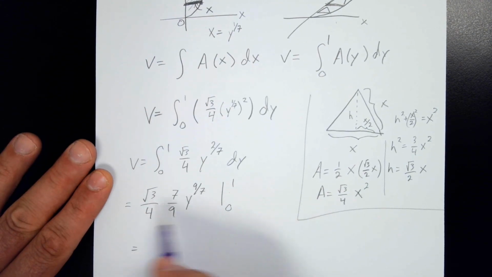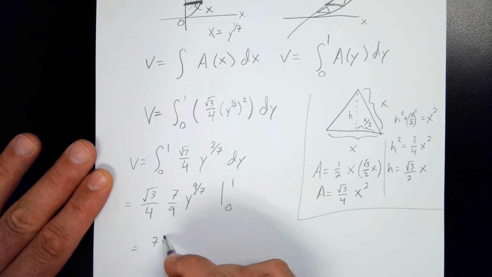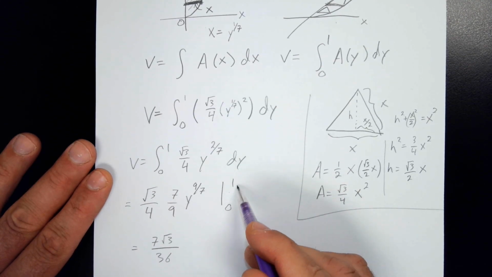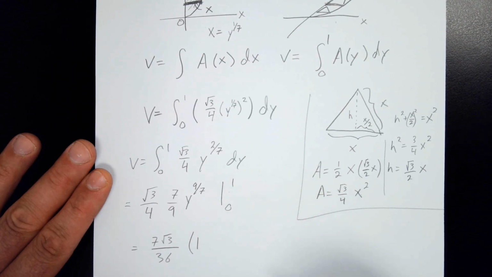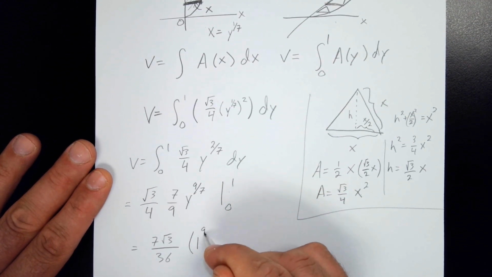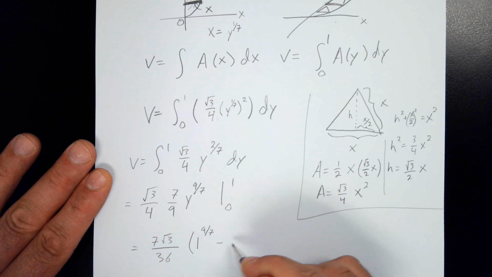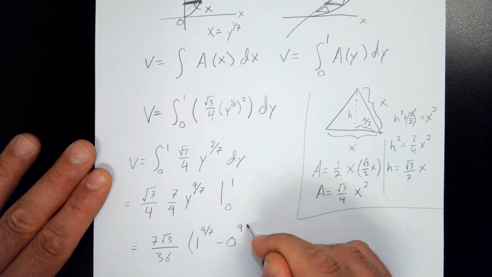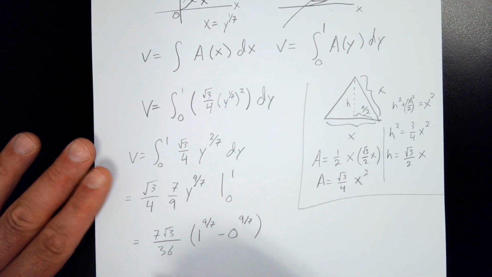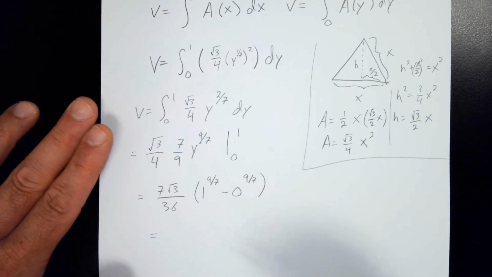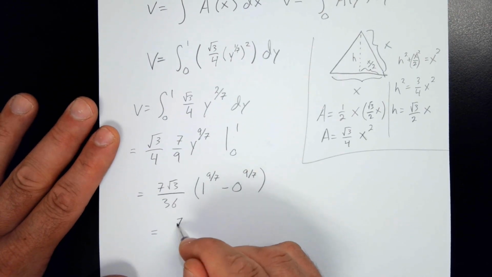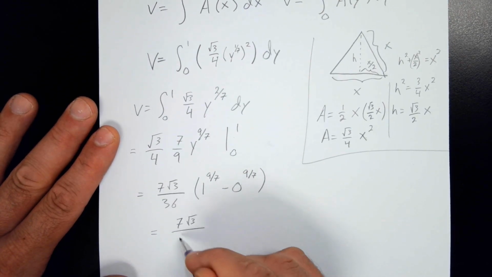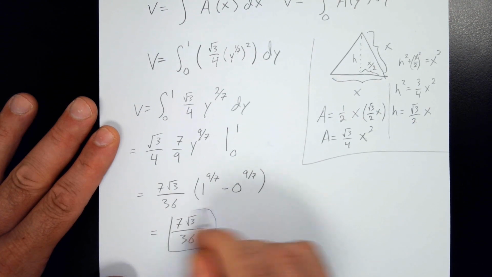If I multiply this together, I get 7 square root of 3 over 36. If I plug in a 1, 1 to the 9/7 is just 1. If I plug in a 0, I get 0 to the 9/7, which is 0. So my final answer for this one ends up being 7 square root of 3 over 36. And that's it.